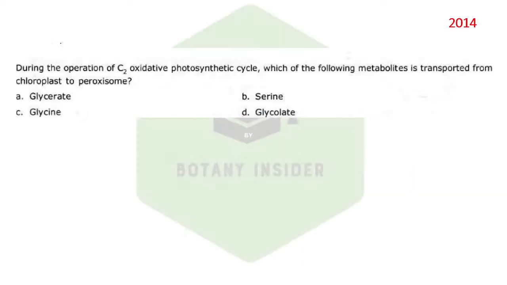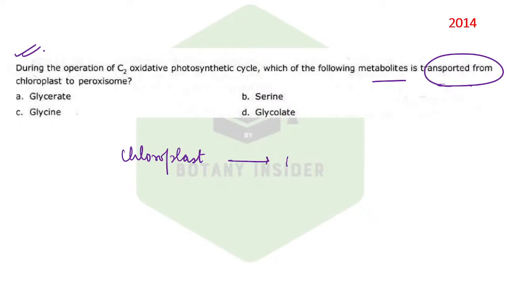Next question, give this a try. During the operation of the C2 oxidative photosynthetic cycle, which of the following metabolites is transported from the chloroplast to the peroxisomes? From chloroplast to peroxisome.